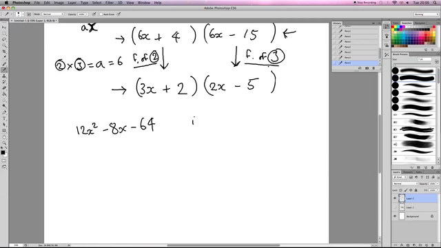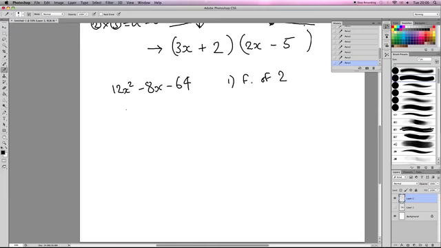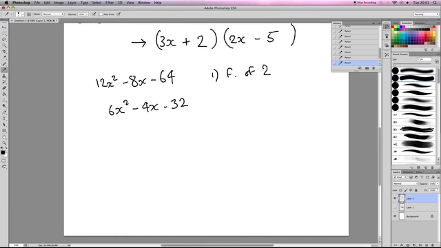So if we do this, step 1, take any common factors out. I took a factor of 2 out. So if I take a factor of 2 out, I just get the equation that we started off with, minus 32. And from there, you want to find out what AC is, and you want to find out what B is. B is minus 4. AC is a big number. 32 times 6, I basically get 12 there, and I get 180 there, or minus 12 and minus 180.